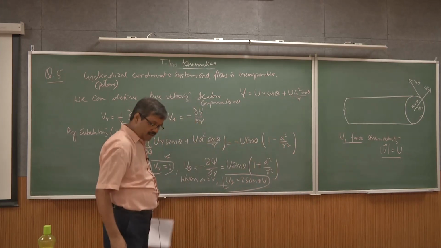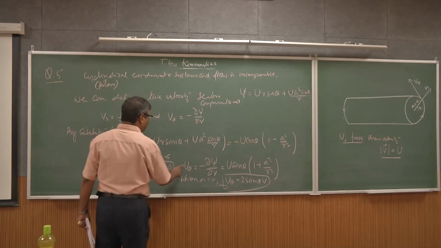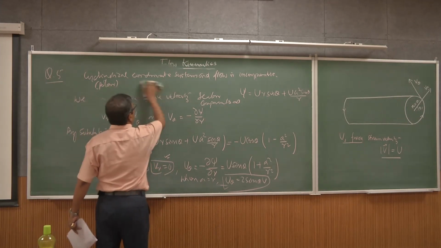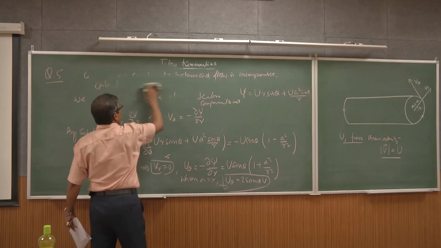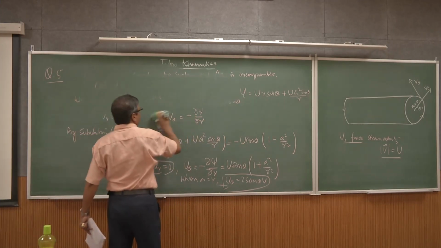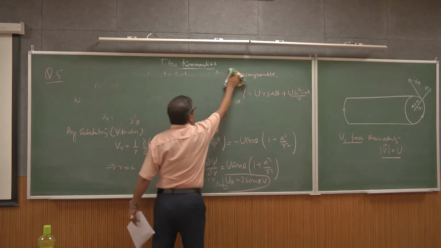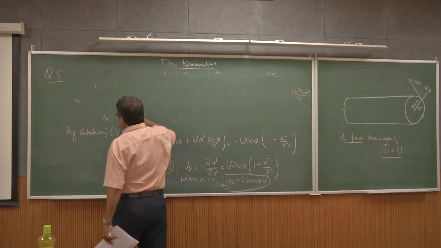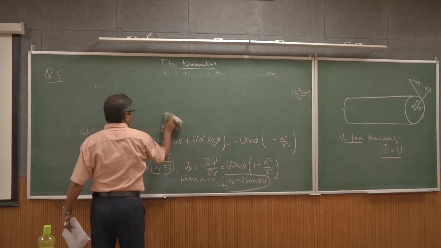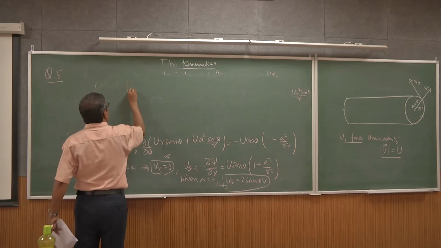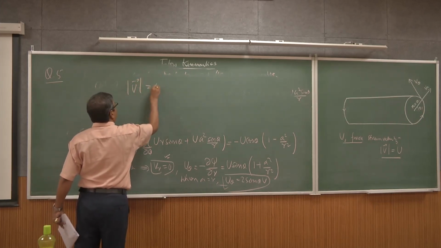As we know V_r and V_theta, we can find the total magnitude of the velocity vector, and equate it to U, which is the condition we are looking at.